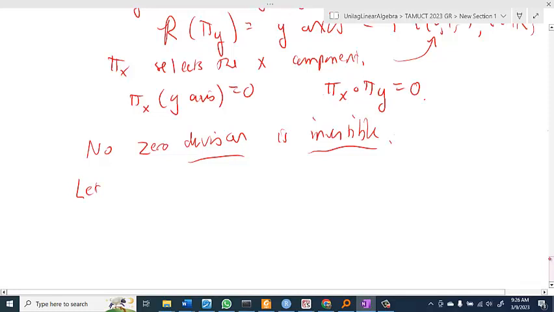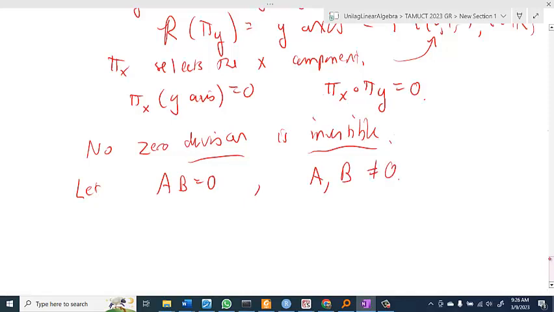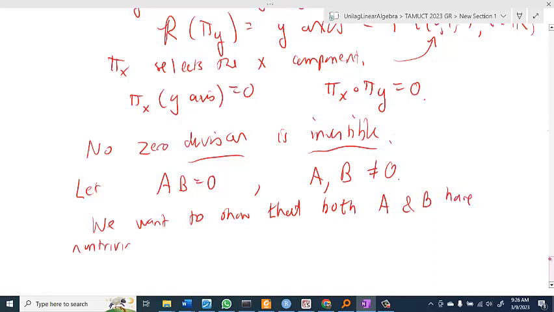Let AB equal 0, and A and B are unequal to 0. We want to show that both A and B have non-trivial null spaces, and that means they're not invertible.